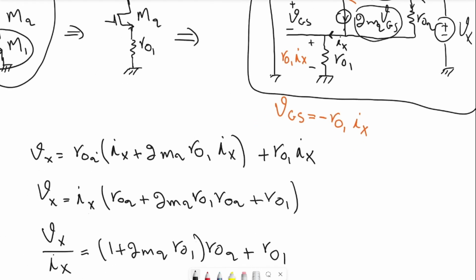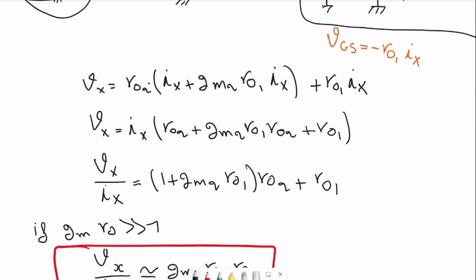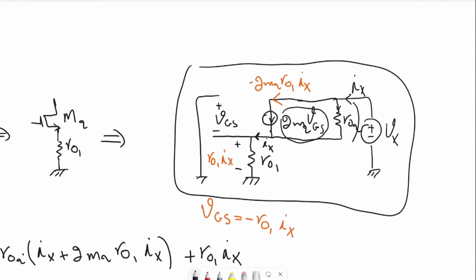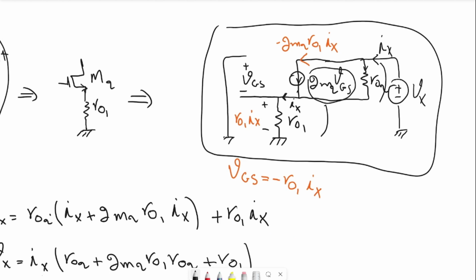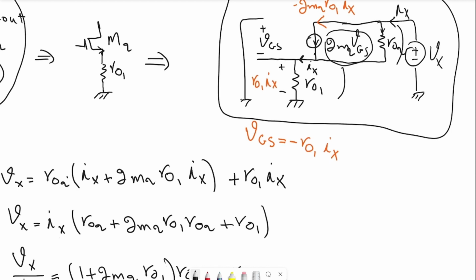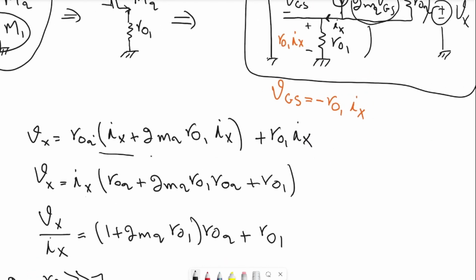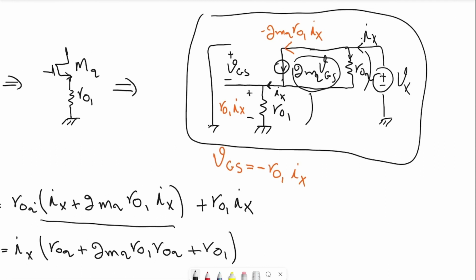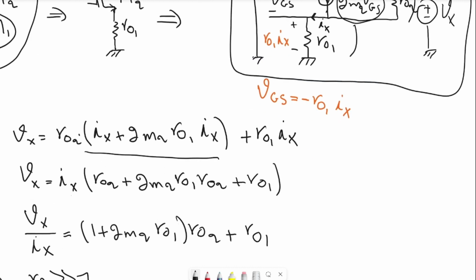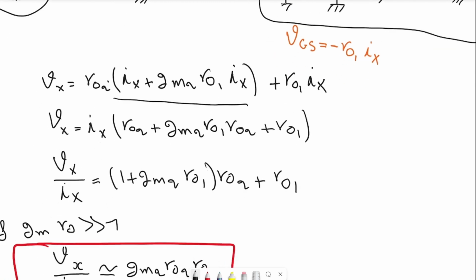So the current here will be minus gm2 ro1 Ix. Then Vx is the voltage drop across the two resistances. Vx is ro2 times the current passing through it, which is Ix minus gm2 ro1 Ix, plus the voltage drop in ro1, which is ro1 Ix.